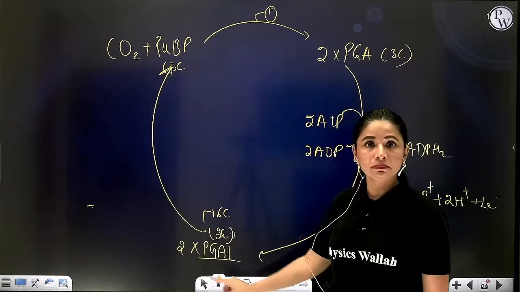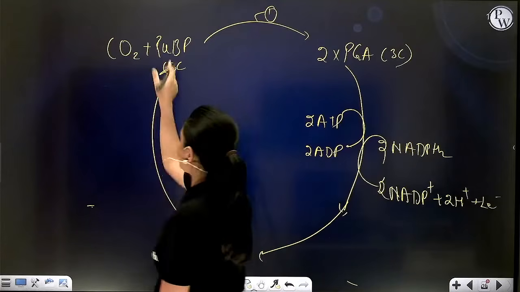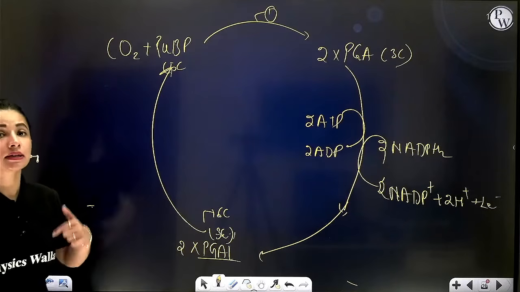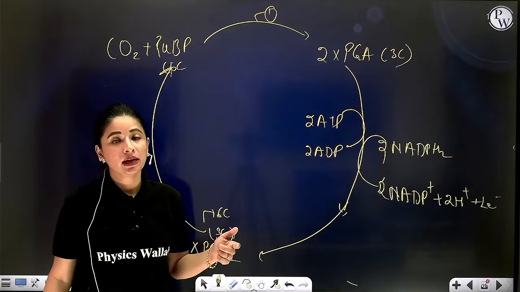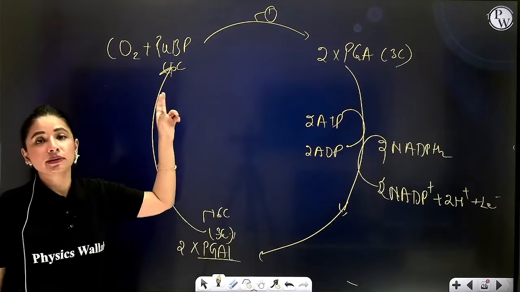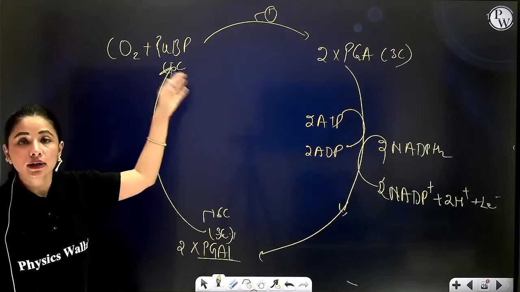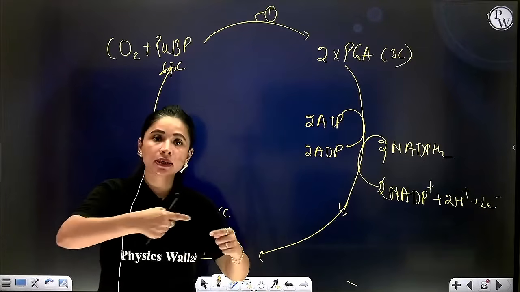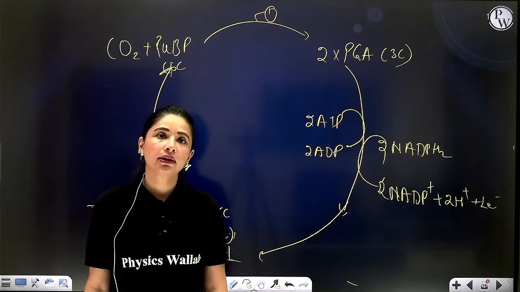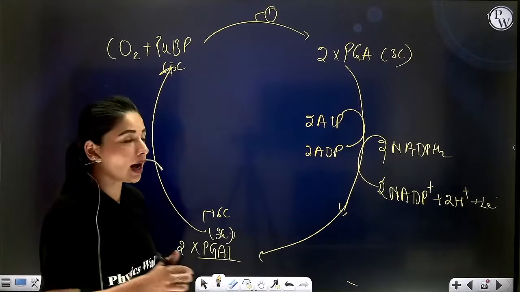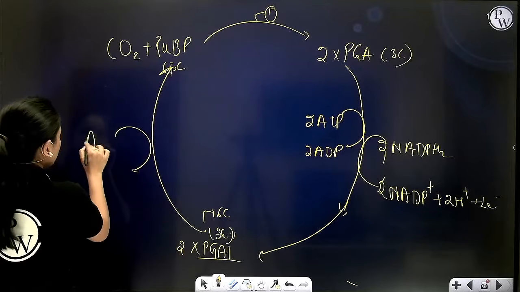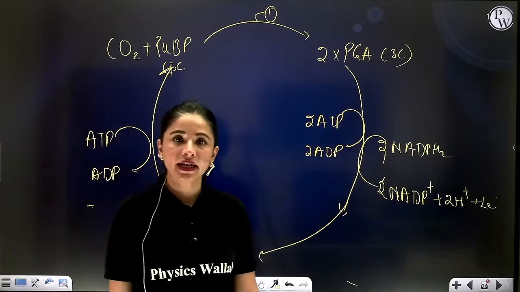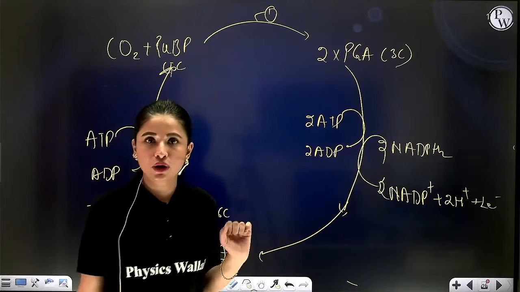In order to complete the cycle, regeneration of RuBP is very, very important to maintain the continuity of the cycle. I mean, if you are not going to regenerate this RuBP, then to what will the second molecule of CO2 bind? So to maintain the continuity, regeneration is very important. And per RuBP regeneration, 1 ATP is required. Correct? So this is how the cycle goes on.